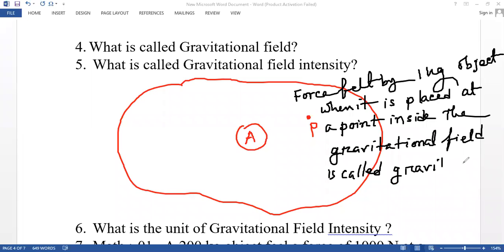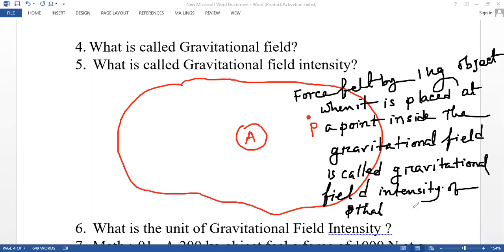Gravitational field intensity of that particular point.